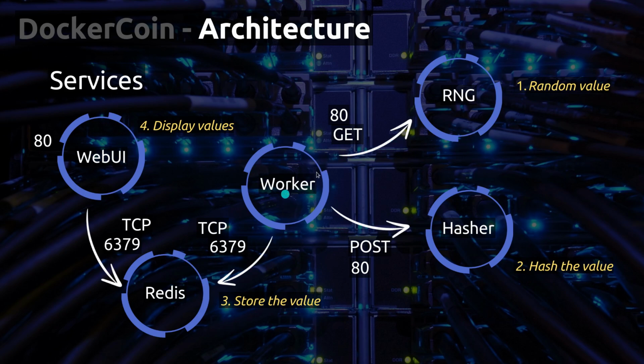For example, if the worker needs to connect to RNG, you just use the DNS name RNG. That means your service needs to be named RNG, because remember, for a service, by default the name of the service provides a DNS.